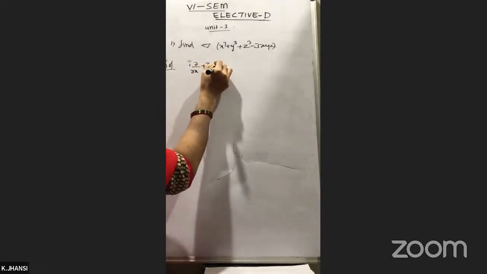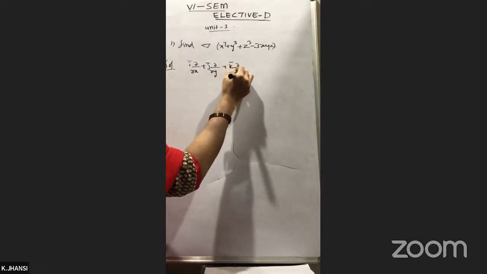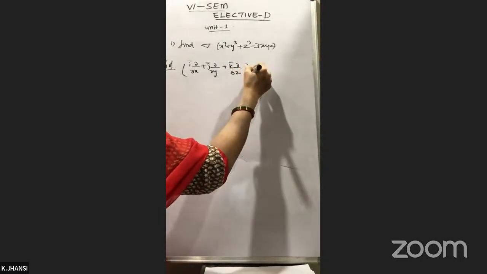Gradient is defined as, in place of del, you write i dou by dou x plus j dou by dou y plus k dou by dou z, acting on this function.